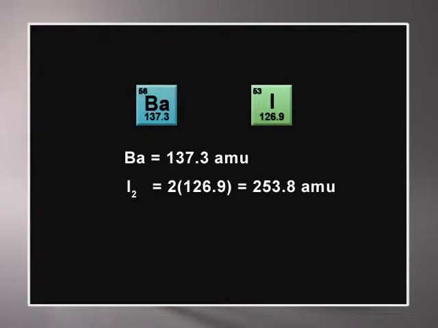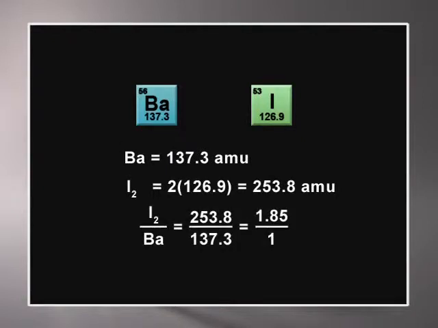Well, as discussed in lecture number 8, these numbers tell us that an iodine molecule is heavier than a barium atom. In fact, if we want to compare these two numbers quantitatively, we can actually determine how many times heavier an iodine molecule is compared to a barium atom.